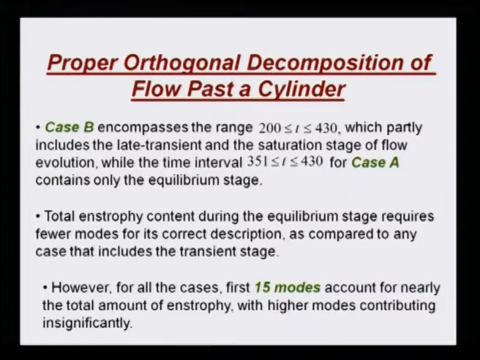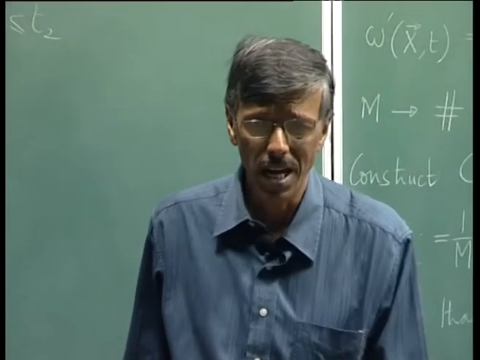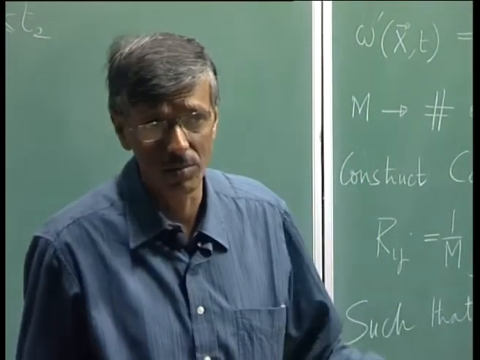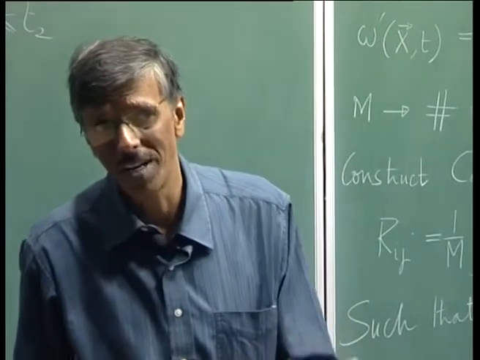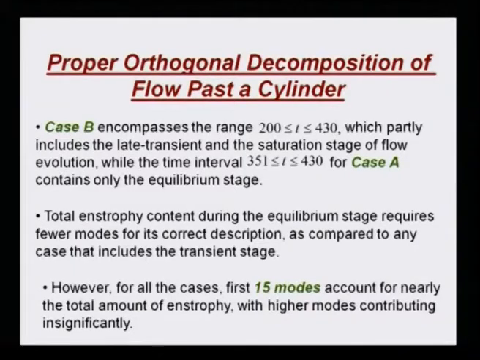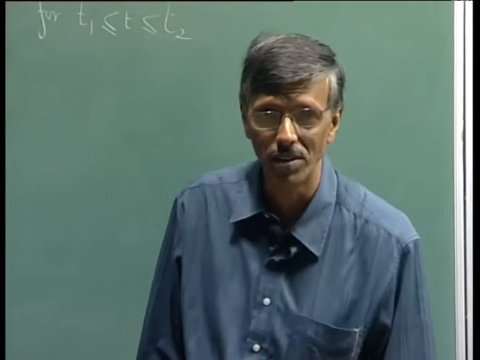And the total entropy content during the equilibrium stage requires far fewer modes for its correct description as compared to any case that included the transient stage. In all these things that I have shown you, most of the time we have accounted for the total entropy content in the retained modes to a level of about 95%. For case A, those 6 modes accounted for 95%. That is why we did not go any further.